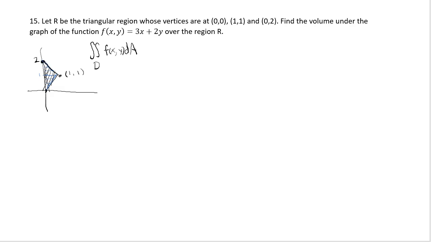So if you try to use dx dy for this region, because of the shape of the domain, you'll end up with 2 integrals. However, if you use dy dx, it's going to be just 1 integral, so it's probably easier to do dy dx. So let's try dy dx.